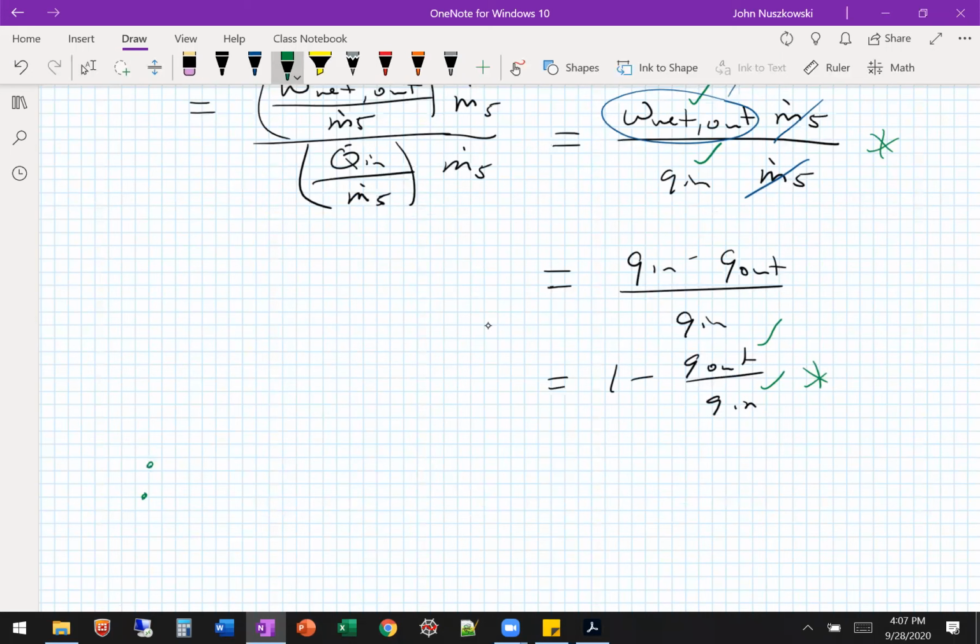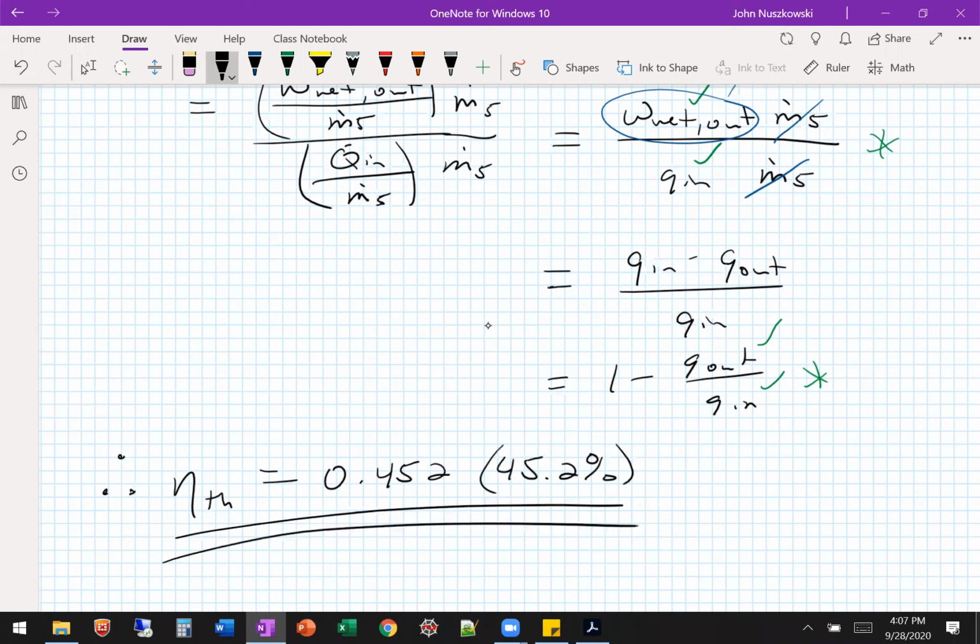But if we do that, we put it in our calculator. You get 0.5452, or 45.2%. Any questions?